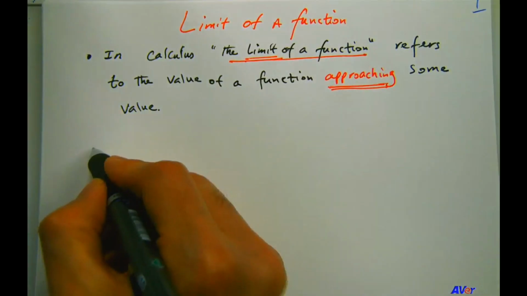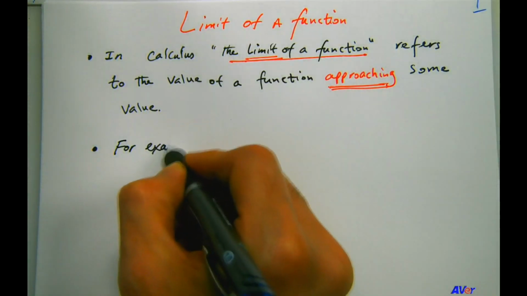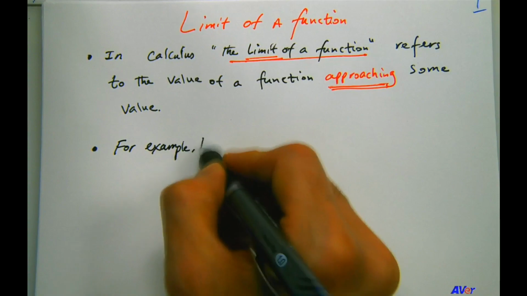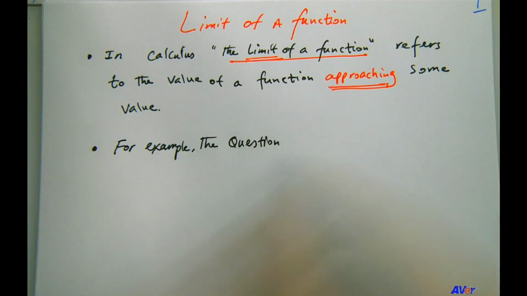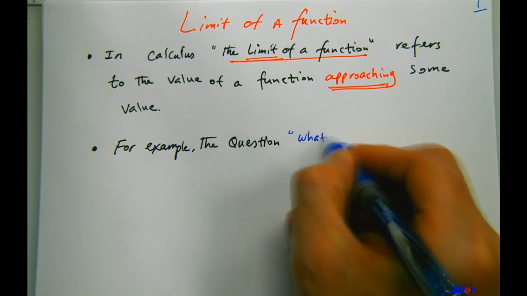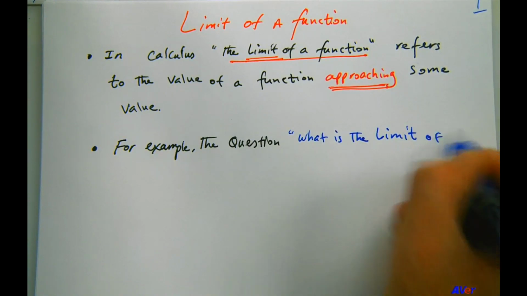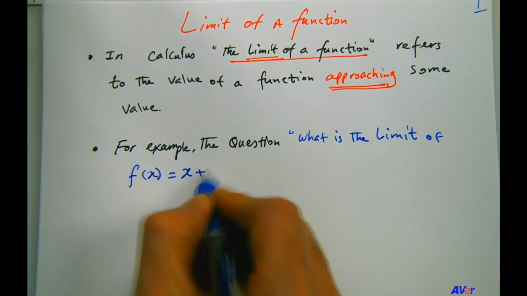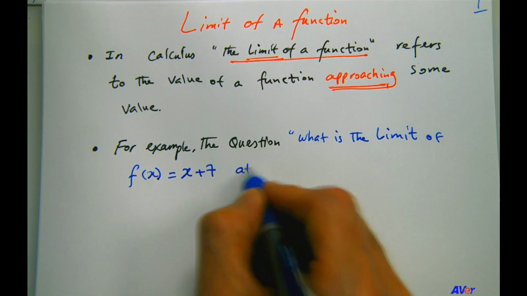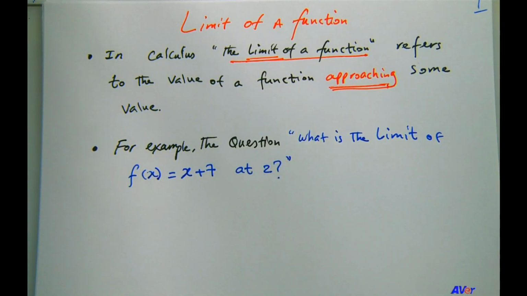So let's look at a very basic example of a limit. Suppose we ask the question, what is the limit of, let's say, this function, f of x equals x plus 7 at 2? In plain English, what is the limit of that function at 2?